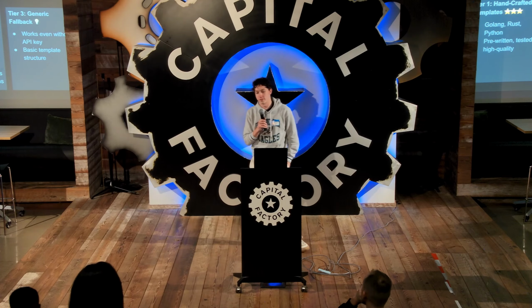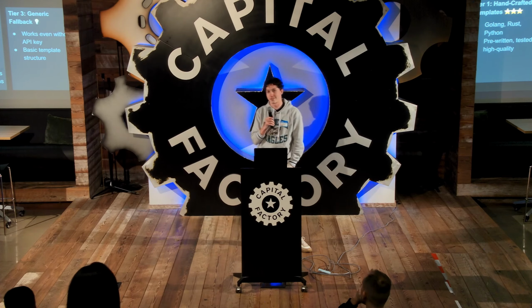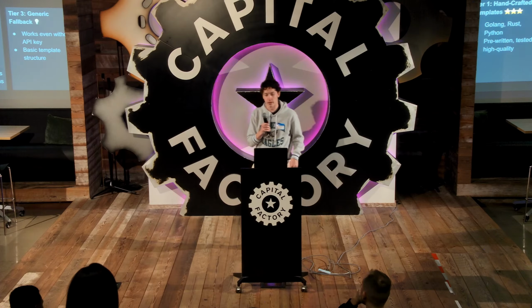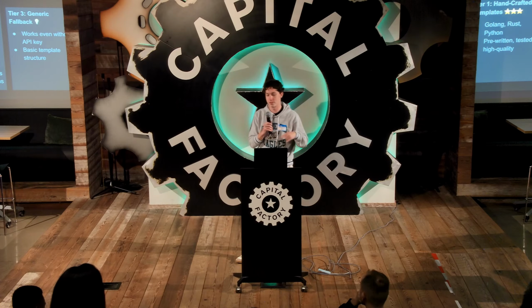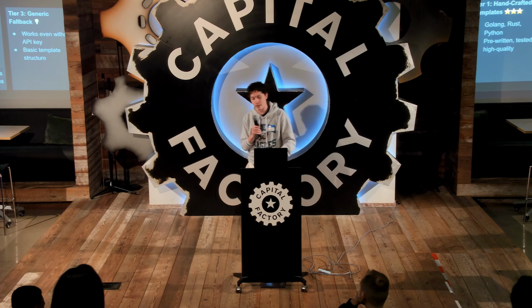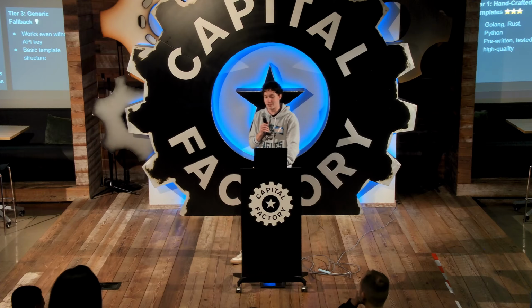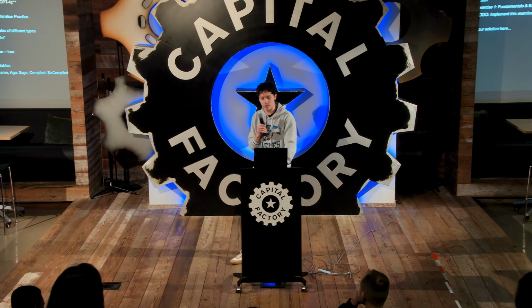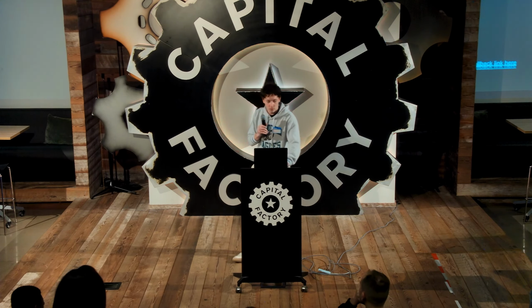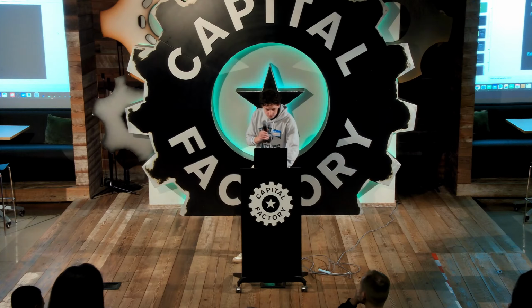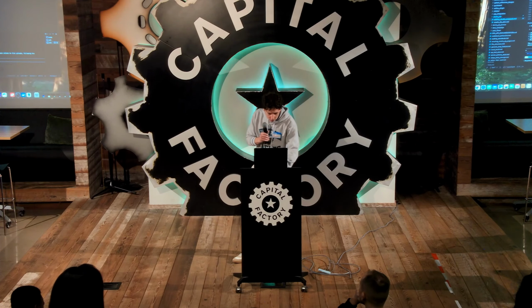And then from there, if you ever prompt it with a language that it hasn't used before, you can just say Kotlin or Swift or something like that, and it'll look at the examples of the handcrafted templates to generate new ones. And then I just have a generic fallback in case the API key fails or something goes on with OpenAI itself.